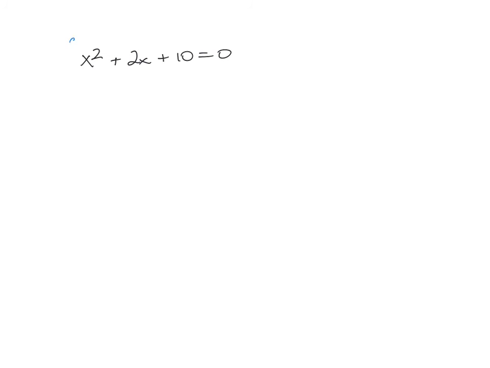Okay, so again, our A is 1, B is 2, C is 10. So negative B would be negative 2 plus or minus 2 squared minus 4 times 1 for the A and 10 for the C, all over 2A.